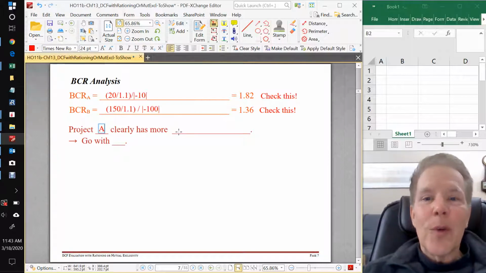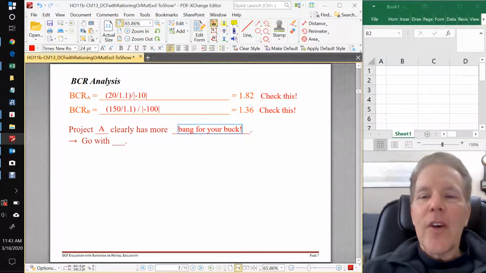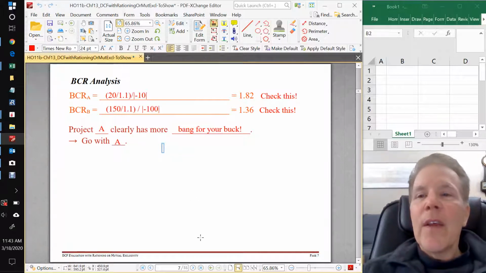What we always say for BCR is project A has more bang for your buck, right? Okay, so doing a BCR analysis of these two, we would conclude, not unreasonably, that we should go with A.